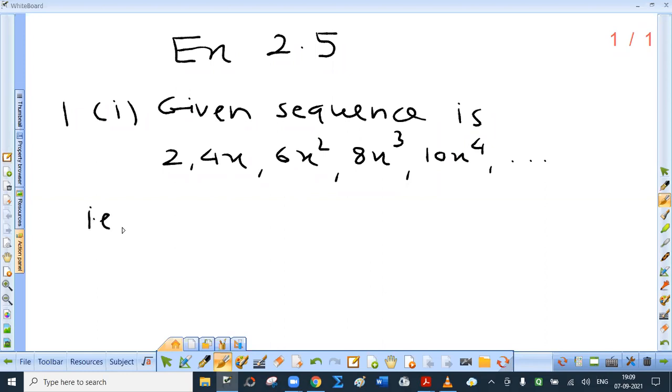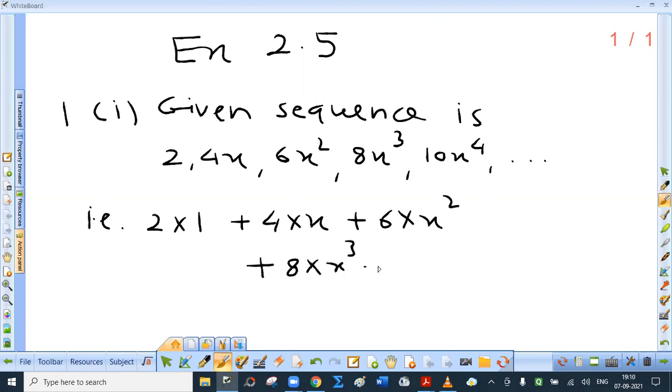It is better if we write 2 into 1 plus 4 into x plus 6 into x square plus 8 into x cube and so on. Write down.